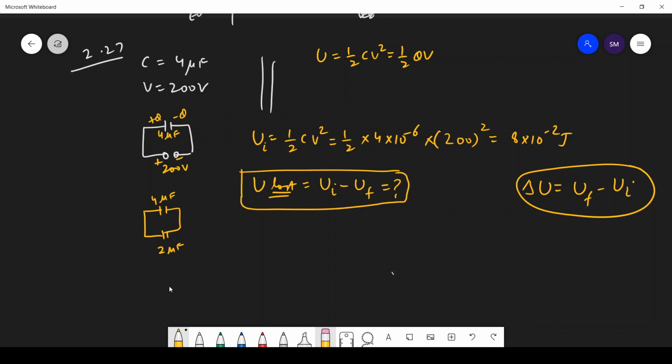So now in parallel we have done. So what will be the same? How much will be the charge? How much was the charge on 4?